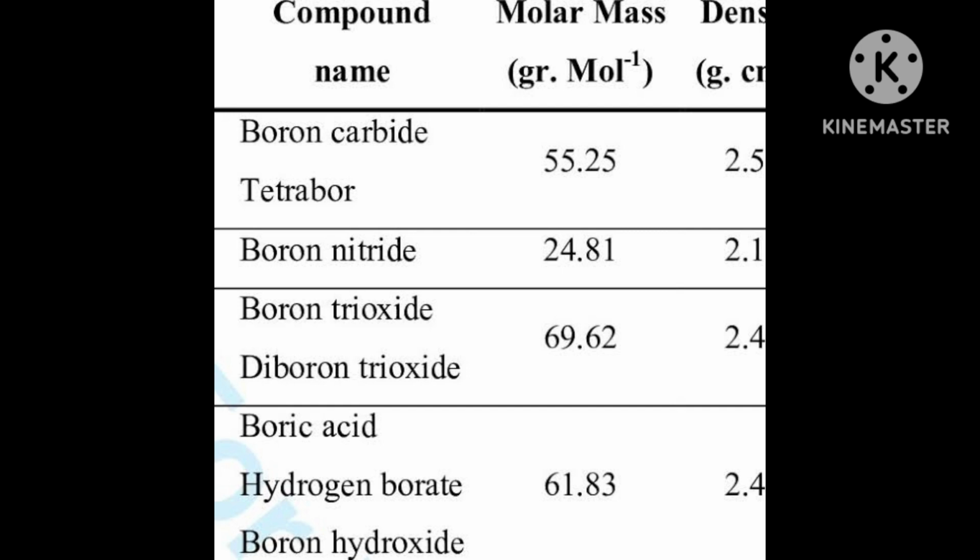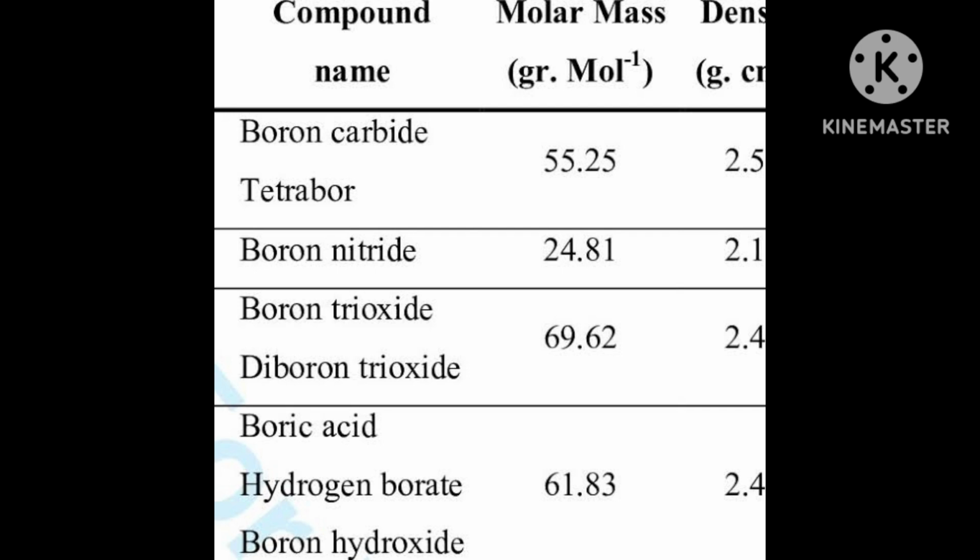Now I am going to tell a very important compound of boron. In group 13 elements, you know that many other members are also there, but boron has a special status.